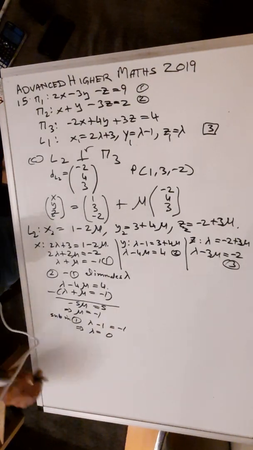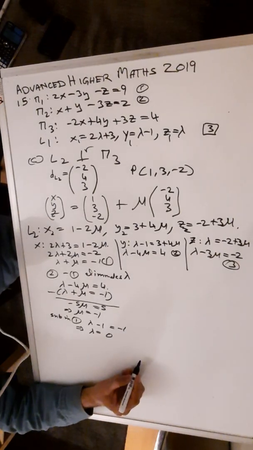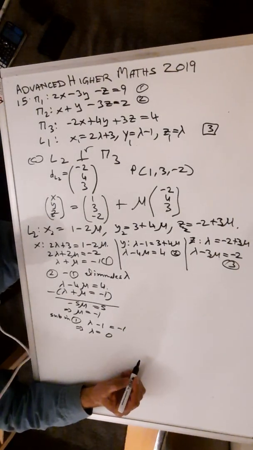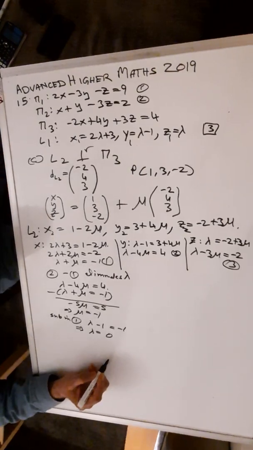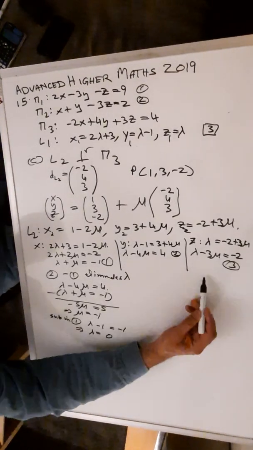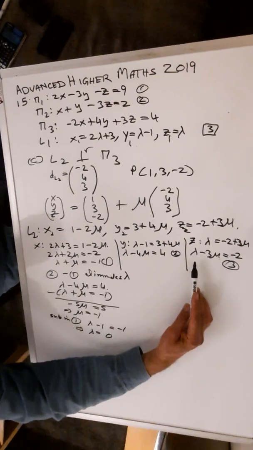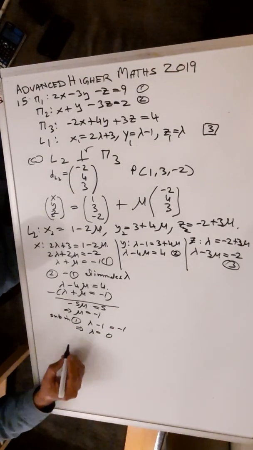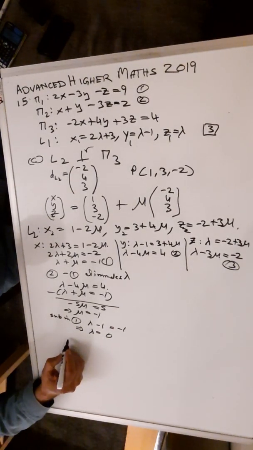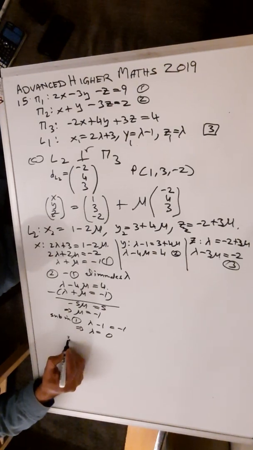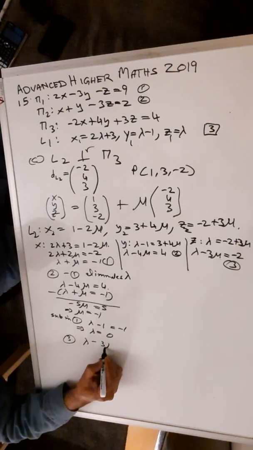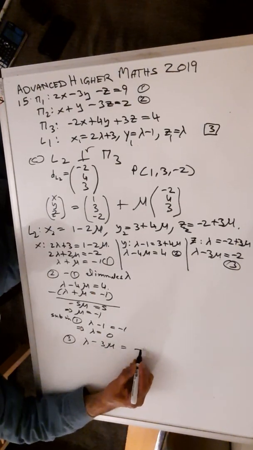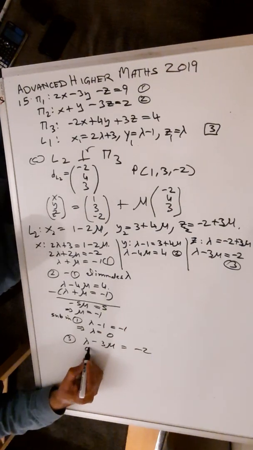Lambda is 0. Now you need to check that in the third equation to see if this works, to see if you can get the same values for lambda and mu. Equation 3: lambda minus 3 mu is equal to minus 2. Lambda is 0.